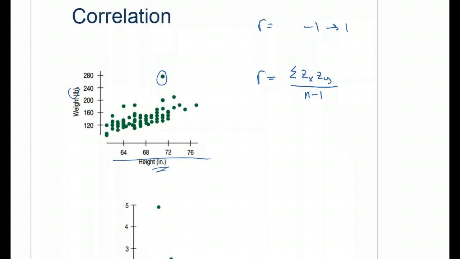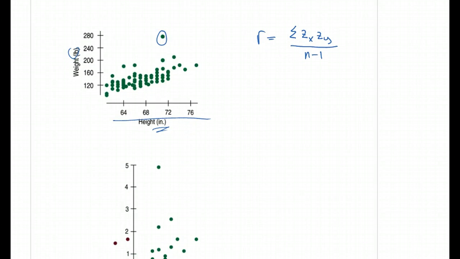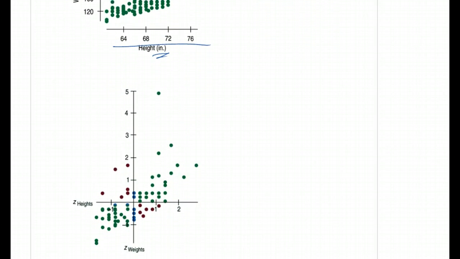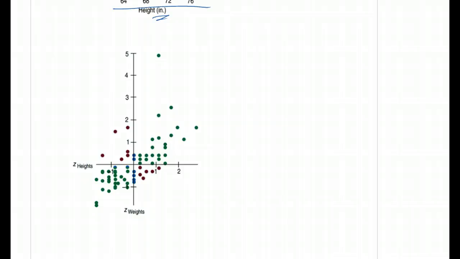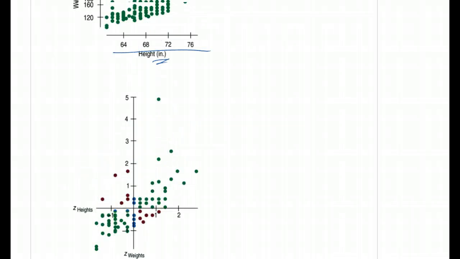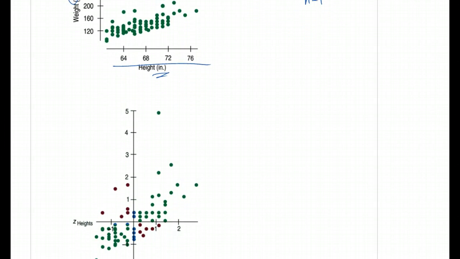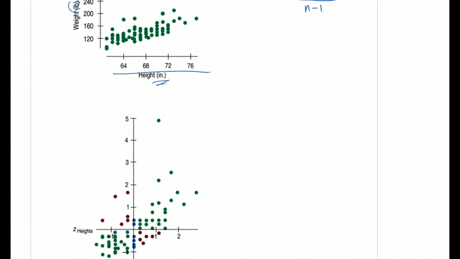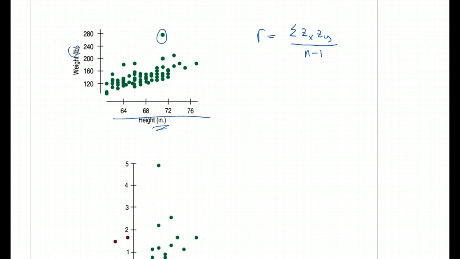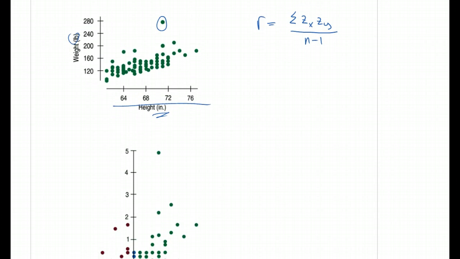So what we do in the second picture over here is we take all the observations from the above and turn them into Z scores. You'll notice the shape is a little bit different, and the reason is because of the scale. The scale just changed. That's it.